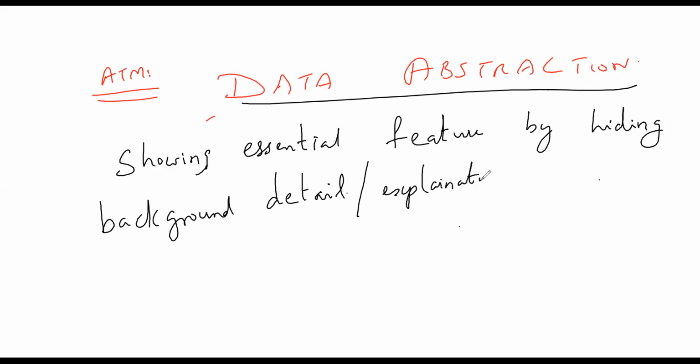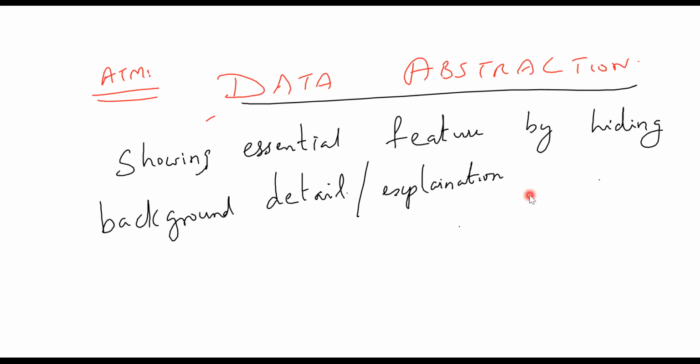Because as a common person, we are not interested. This is called what? Data abstraction. Showing essential features, that is our name, ATM PIN, and how much money you have to withdraw, by hiding the background details or explanation. Is it clear or not?